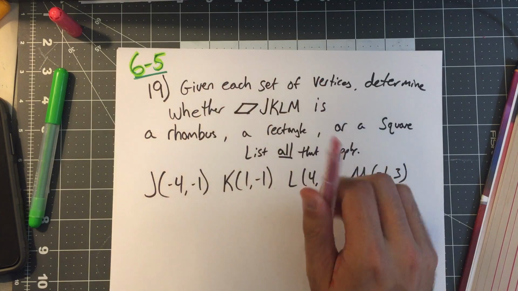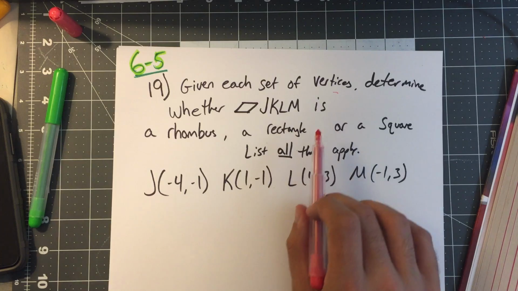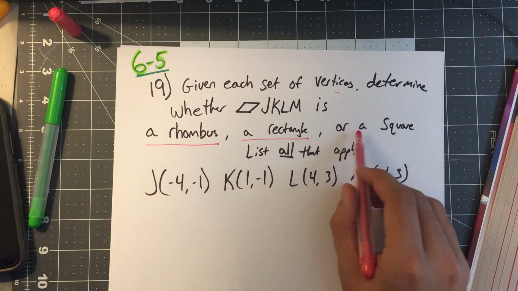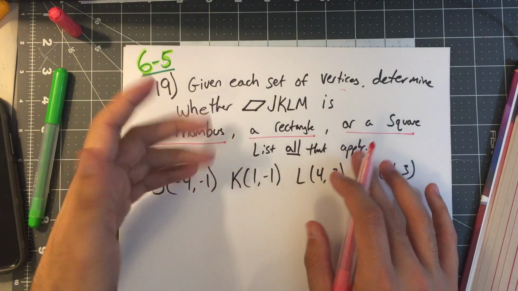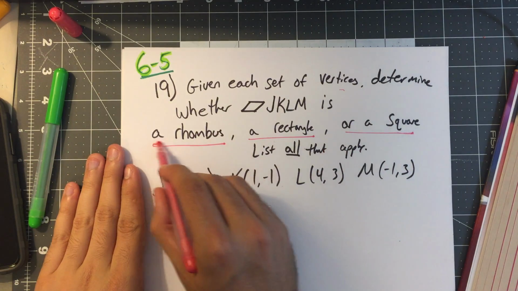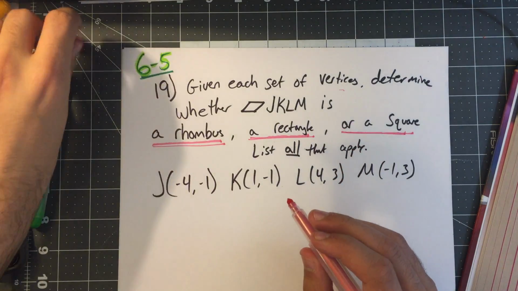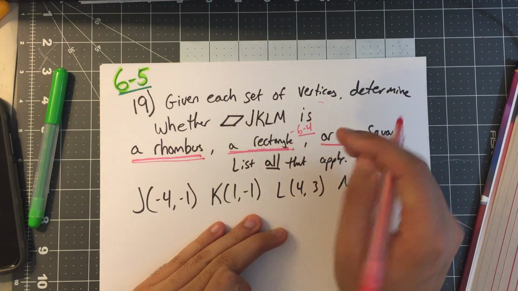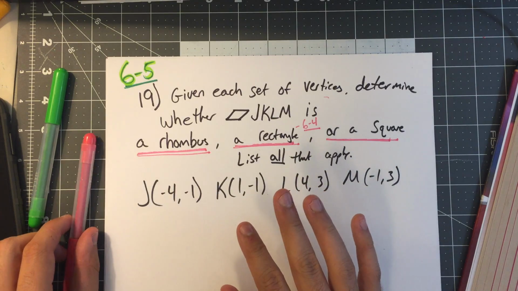This question says, given each set of vertices, determine whether parallelogram JKLM is a rhombus, a rectangle, or a square. List all that apply. So it's not saying it's only one of them; it could be any combination of them. Rectangles came from 6-4, and that was the homework we've already done, so we'll talk about that as a recap.